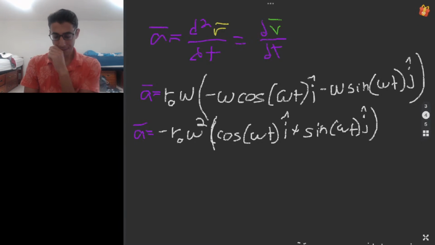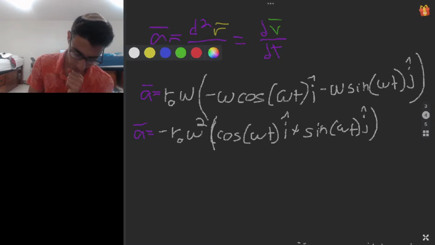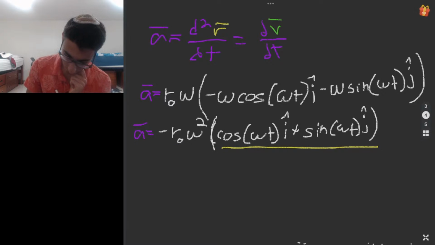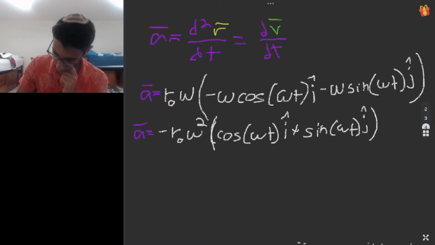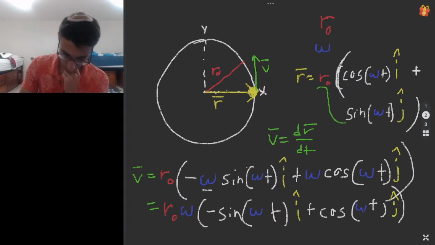Now, this part should look familiar, and I'll actually underline it with a specific color. We have r naught times this little creation. That looks shockingly similar to our position. Remember, our position was also r naught times cosine omega t I plus sine omega t j, right?